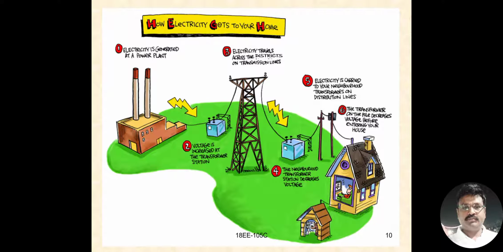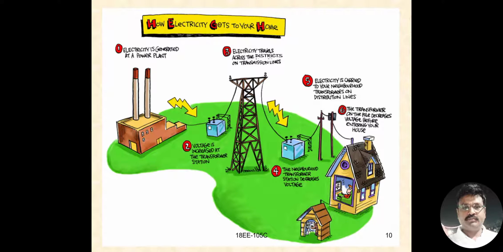You can see the first part of the image: the electricity is generated at a power plant, that may be a generating station. And second, the voltage is increased at the transformer station.